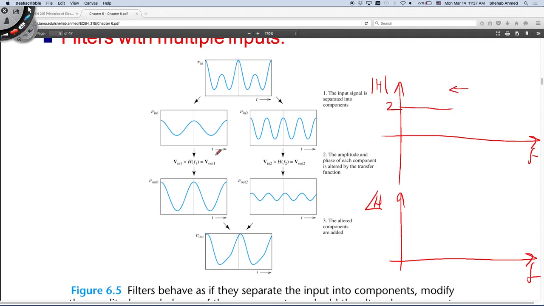And then at the high frequency end, the signal was multiplied by a gain of, let's say, 0.1 or something. Approximately, I don't know the number exactly, right?